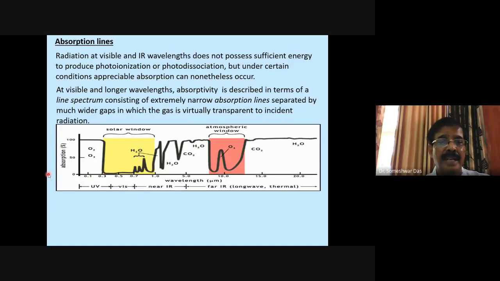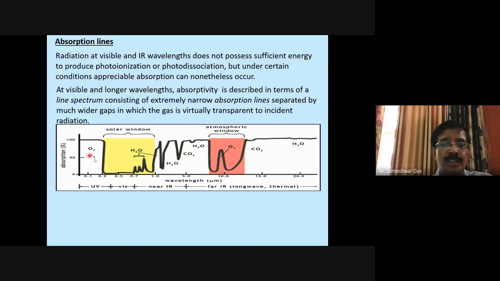For example, this diagram illustrates the absorption versus different wavelength. X-axis is the wavelength, Y-axis is the absorption. And for different ranges, like the UV, ultraviolet wavelength, visible wavelength, near infrared radiation wavelength, far infrared radiation wavelength, long wave, thermal, etc. And these are the different types of gas molecules present in the atmosphere.